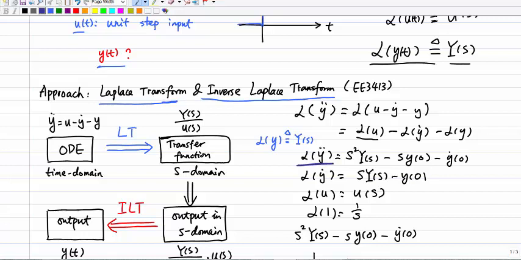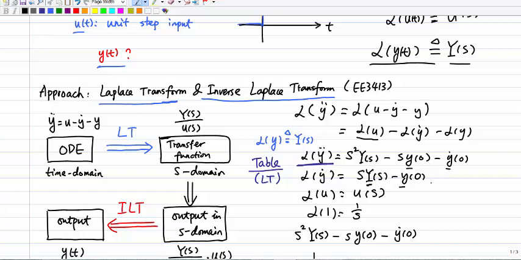This is from the table. If you look at the Laplace transform table, you can find that L of y double dot is s squared times Y of s minus s y0 minus y dot 0, and L of y dot is s times Y of s minus y0. Let me make it a little clearer. This is y0. Pay attention here: this is big Y and this is a little y.